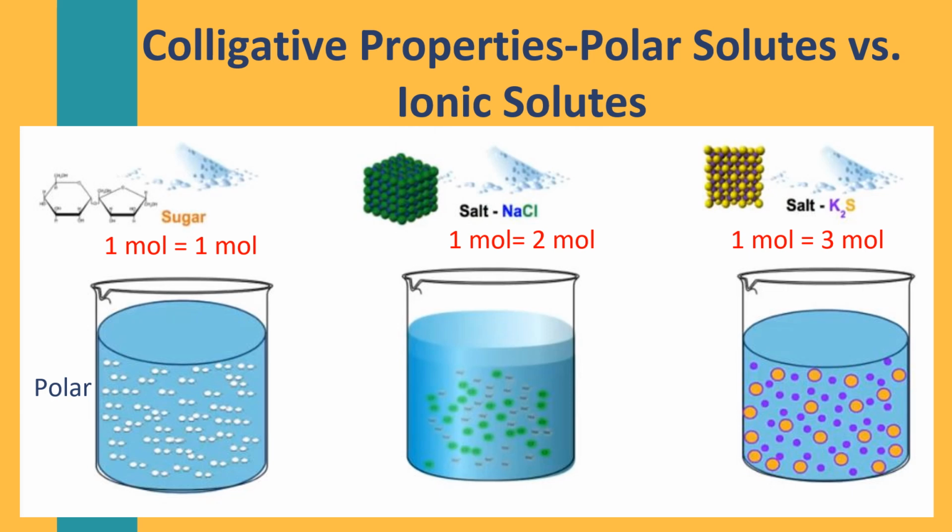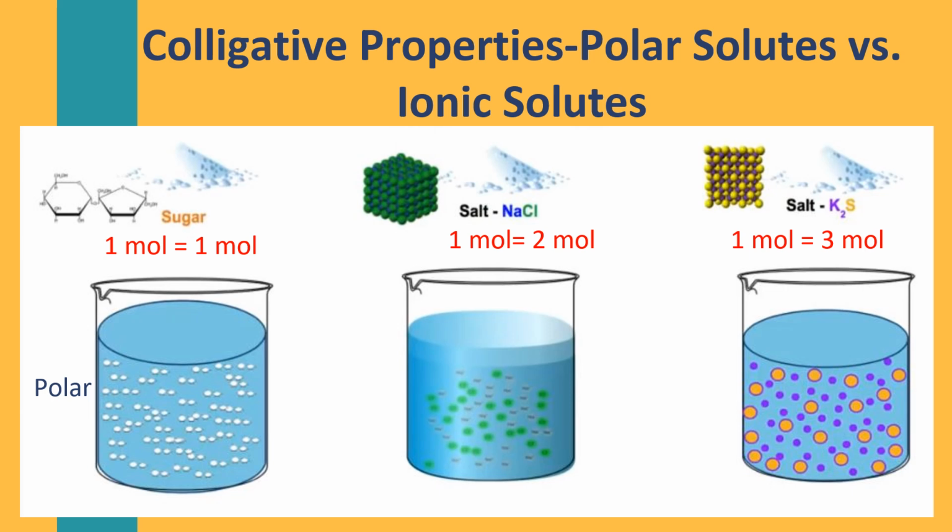If we take a look at sugar, which we talked about earlier, this unit has a polar covalent bond. So the sugar in the first figure is a polar molecule. When we put sugar in the water, it does not dissociate.